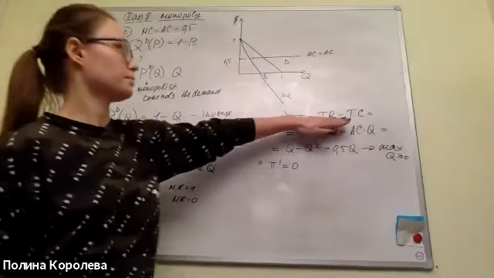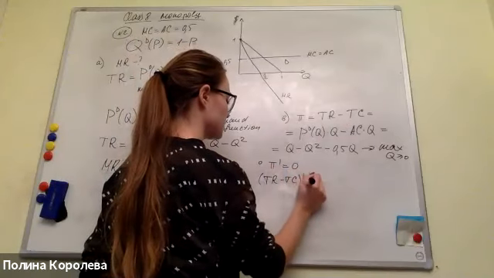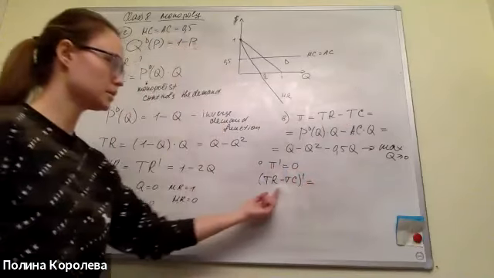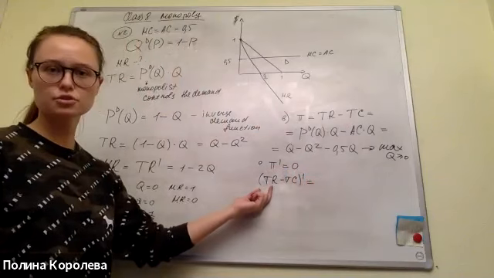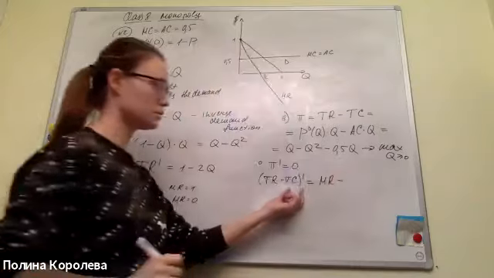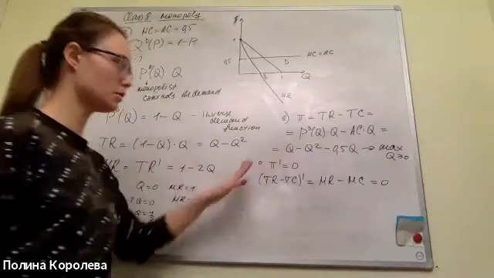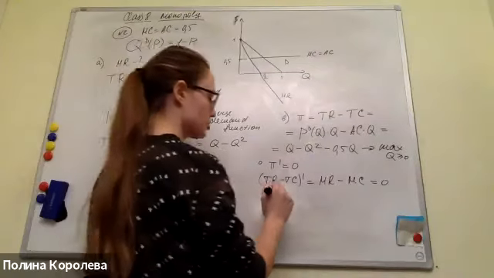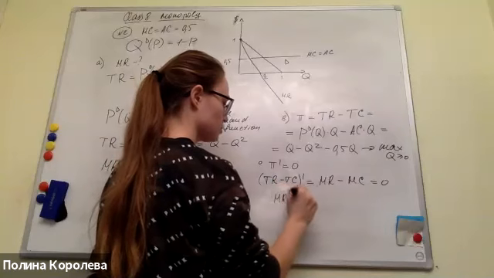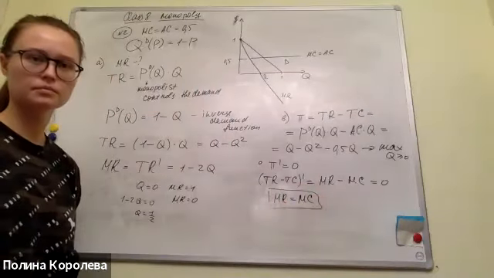Take the derivative. Total revenue minus total cost. Take the derivative. This is the derivative of total revenue, it's marginal revenue, minus the derivative of total cost, it's marginal cost. And this should be equal to 0. So our first condition is that marginal revenue should be equal to marginal cost. Yes?